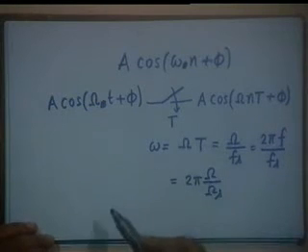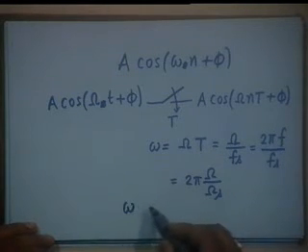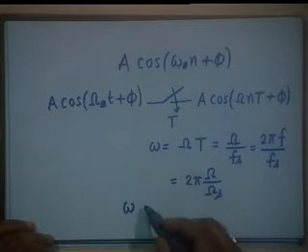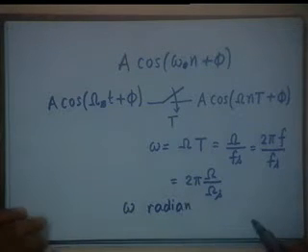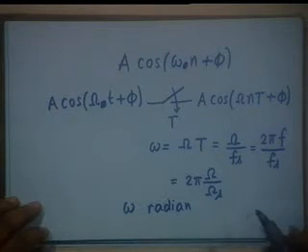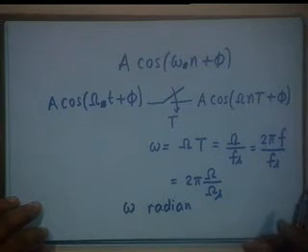So how should you express omega? Omega is a dimensionless number, but we express this in radian. Why? Omega is an angle after all. Does radian have a dimension? No. An angle is arc divided by radius, and therefore this small omega, the digital frequency, is in radian, not radians per second.